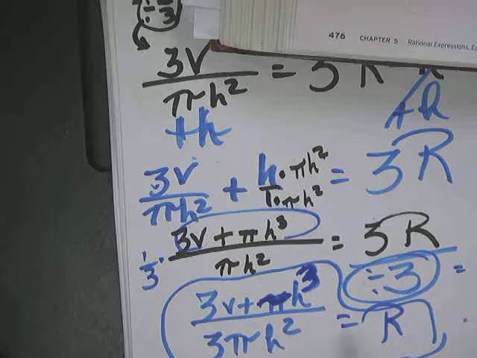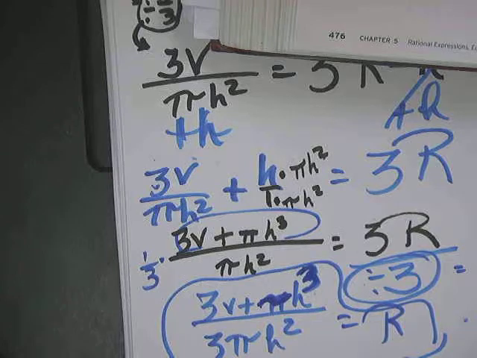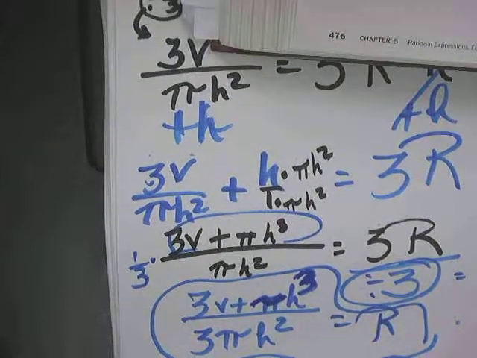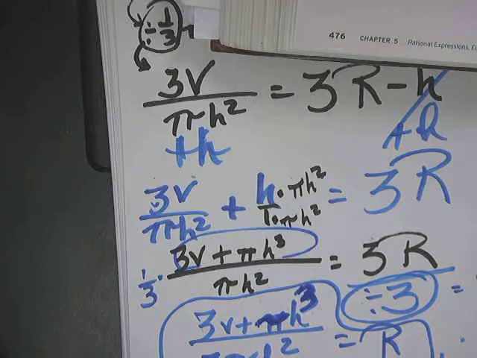Is that h cubed on top? Yes, because it was 2 and 1 was 3. And that's as far as you can go. You really can't make it any simpler. There's nothing you can factor out to try. You can't cancel 3's, can't cancel all of the parts. You have the whole thing.